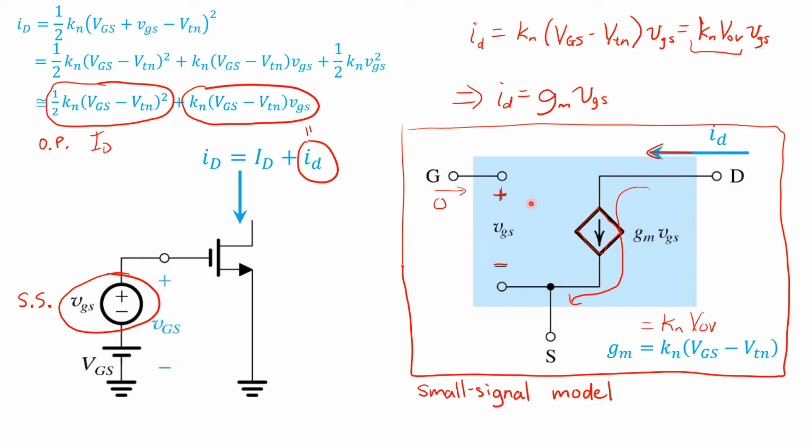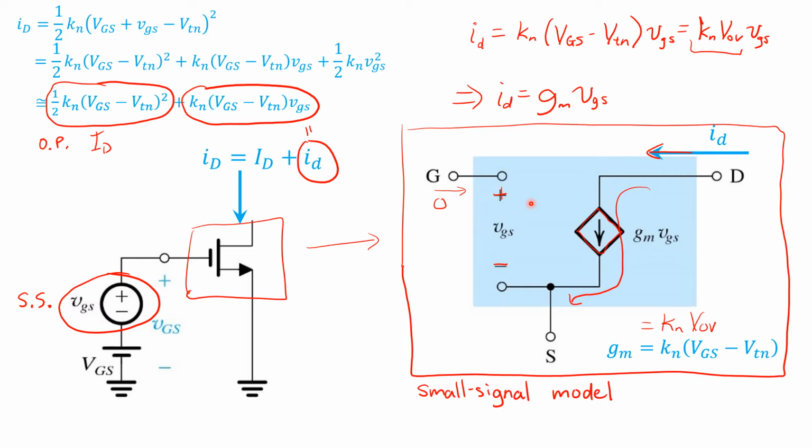Once we do so, we can replace the MOSFET with this small signal model and perform the analysis considering only the small signal components, lowercase vgs, lowercase id, having already solved for the DC operating point, uppercase symbols.